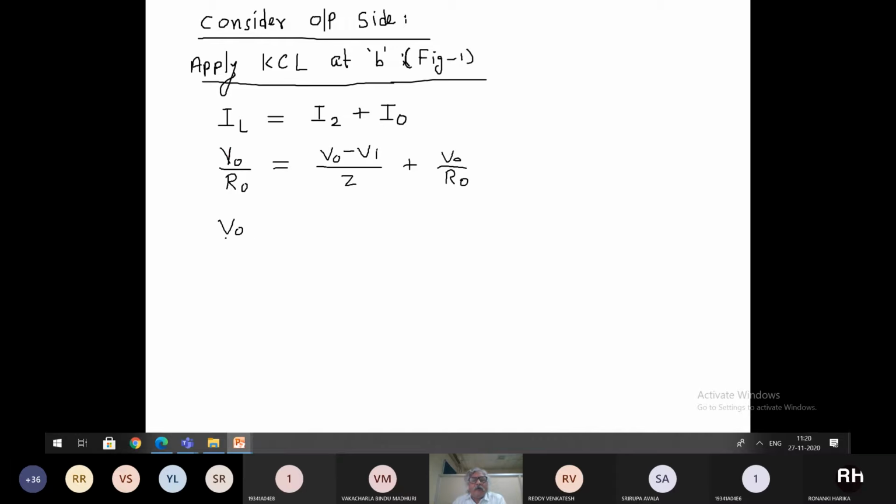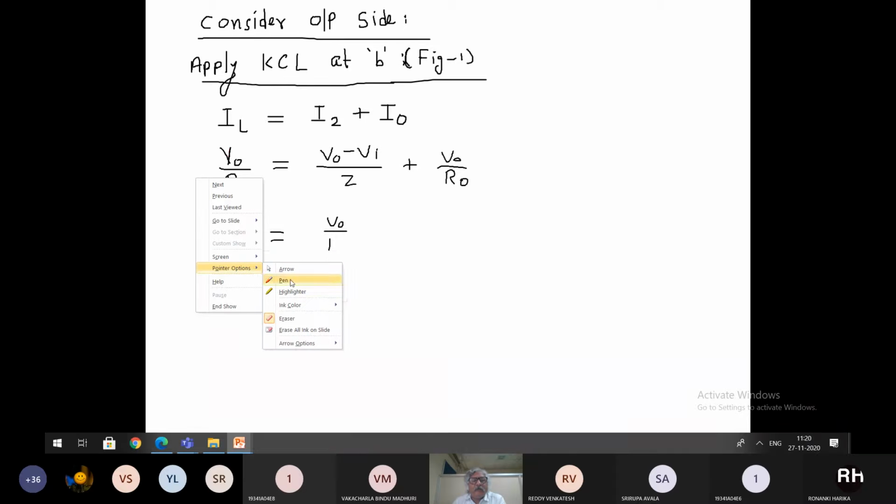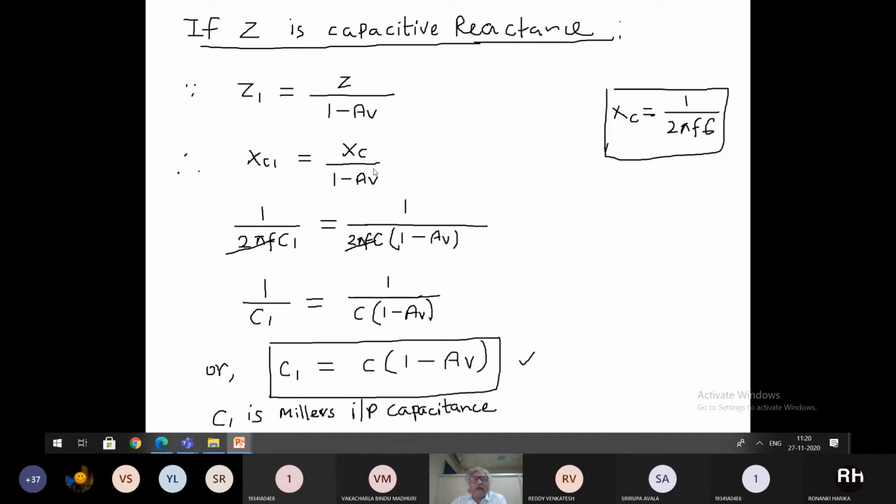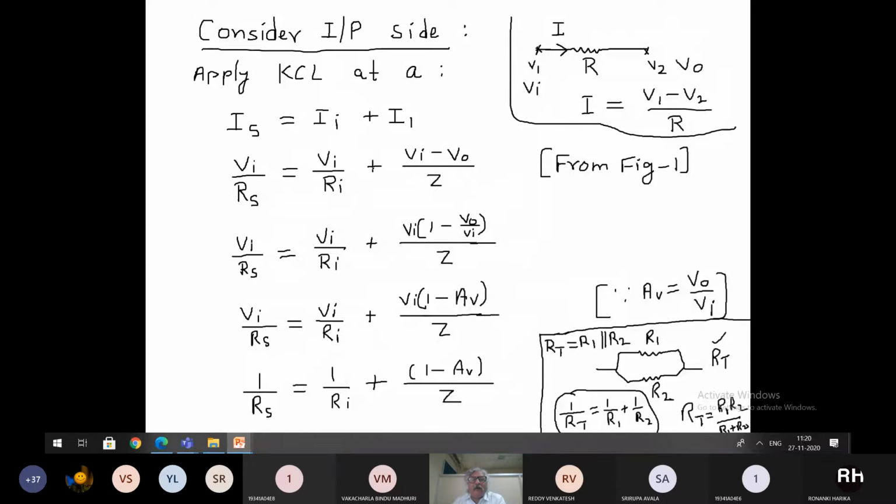So now V0 by RL is equal to V0 by R0 plus V0 minus Vi by Z. I am just changing the sequence of these two terms so that we get it exactly the same way as we did on the input side.